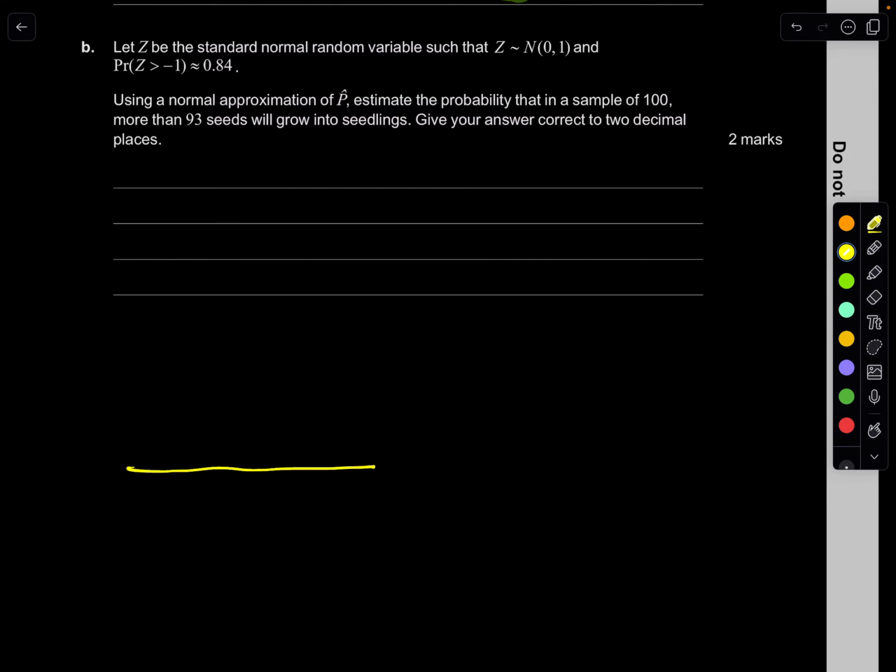If I draw a nice normal distribution, let's say this here is your z. We know this is your mean, so the mean for z is 0, and the standard deviation is 1.